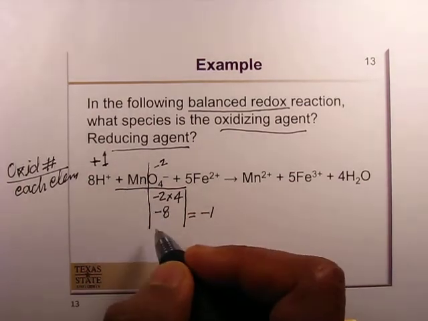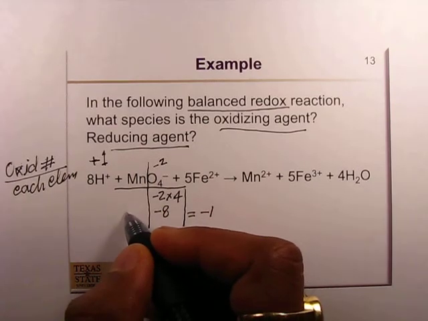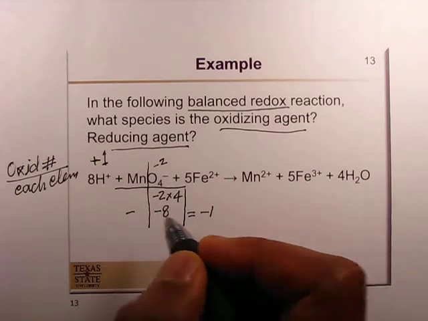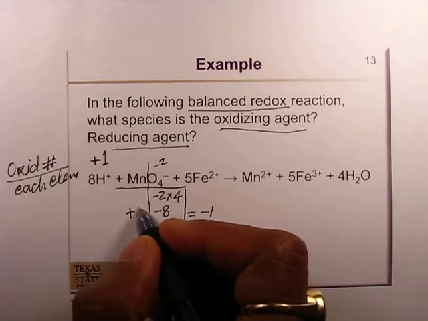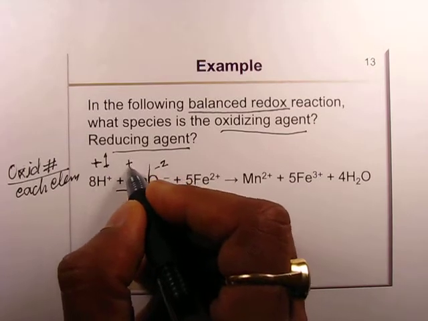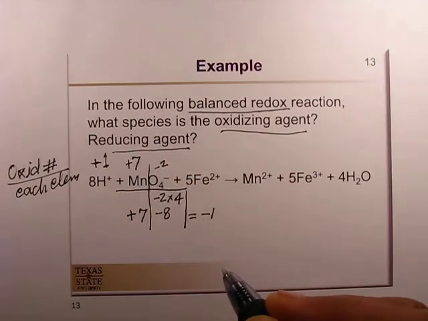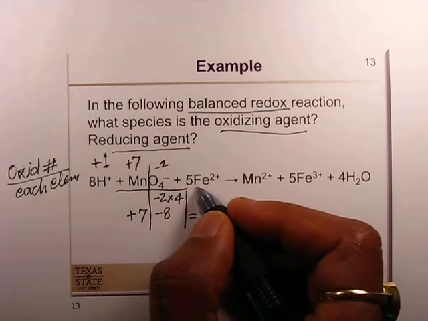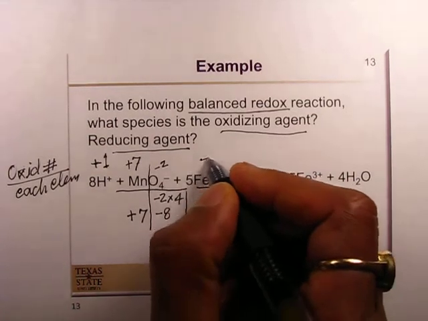So here we need to balance. To leave the -1 on this ion, we need only +7. So manganese has a +7 oxidation number. In the case of iron, which is a monoatomic ion, it has +2 oxidation number.